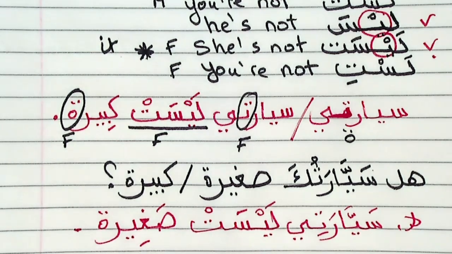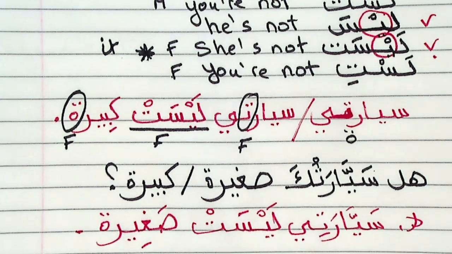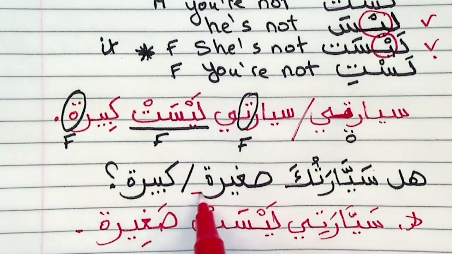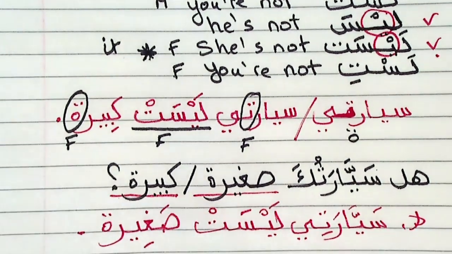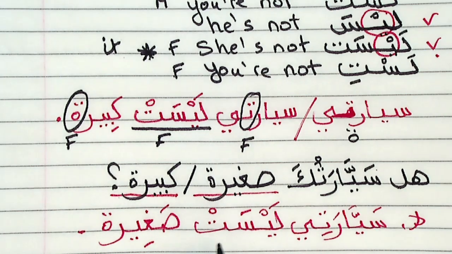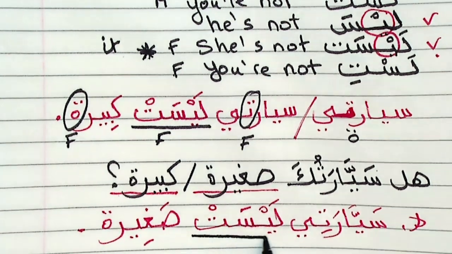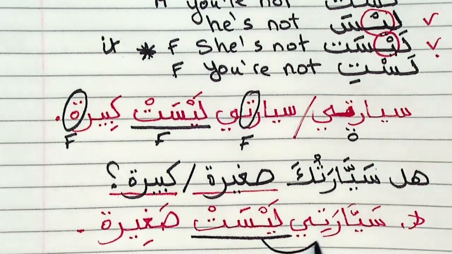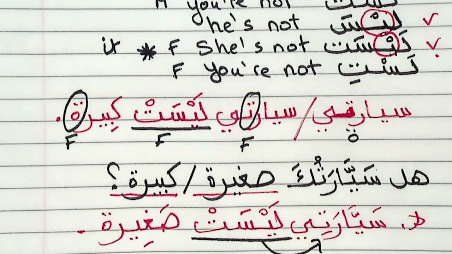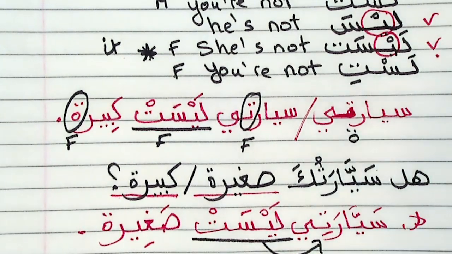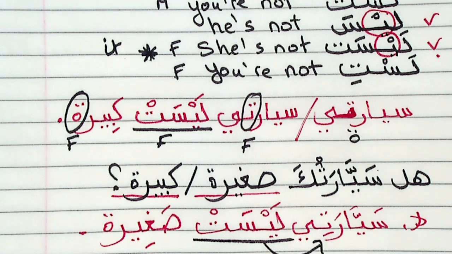My car is not big, my car is not small, or my car is not big. It doesn't matter which one you use, but what matters is you have to get the negation right. ليست is used for feminine. ليس is used for masculine, when we say the house. The house is masculine.